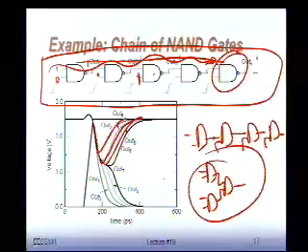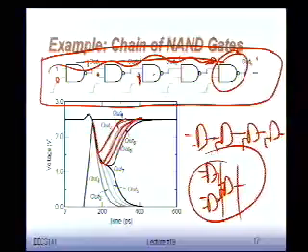They arrive at the same time over there. Then they go to the next stage. They arrive finally over there as well. So you see that all the arrival times at the different phases in this network will be similar. So tree structures like, for instance, those carry look-ahead adders we looked at, very often have a smaller amount of glitching. Okay? So balancing paths through the network is very important if you want to get rid of glitching effects.